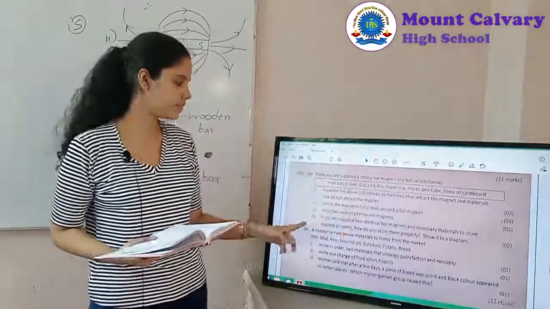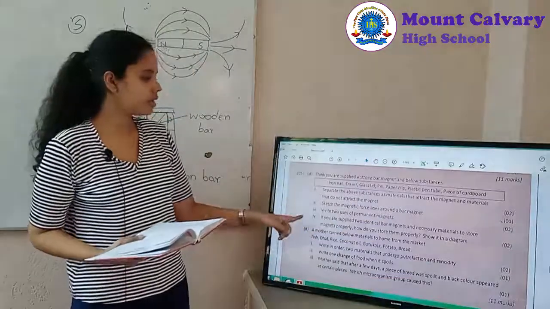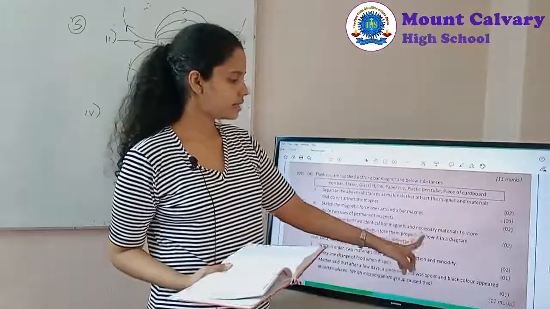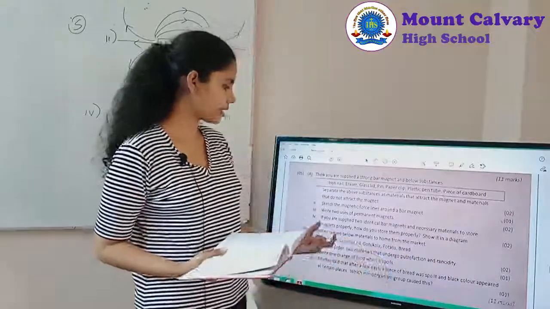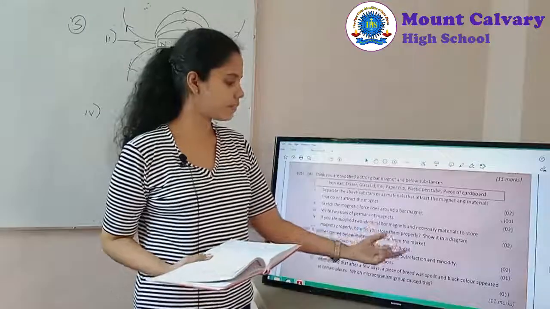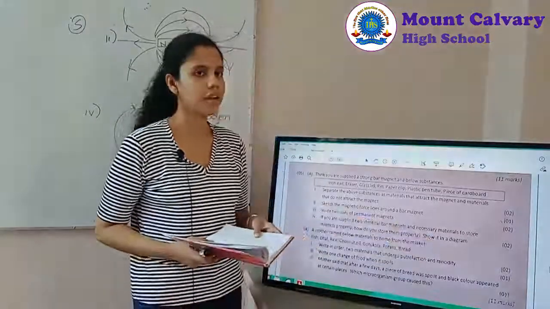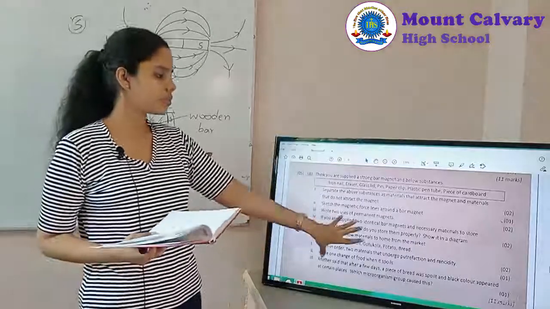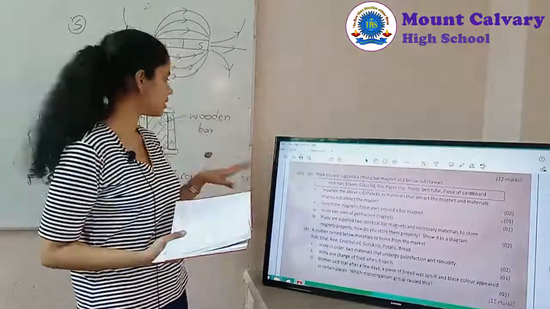Then next question, if you are supplied two identical bar magnets and necessary materials to store magnets properly, how do you store them properly? Show it in a diagram. Now if you have two bar magnets, how are you going to store these magnets properly? Here this is the diagram.